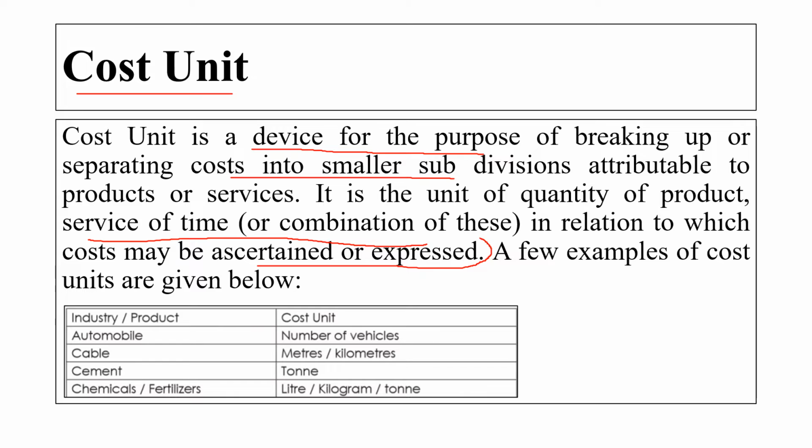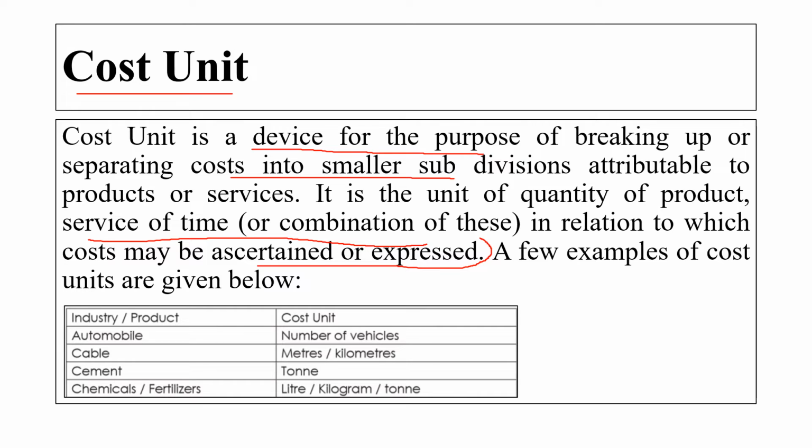The simple meaning is that the entire cost the business has is divided into separate units. We are dividing the total cost into smaller subdivisions. That is called a cost unit.